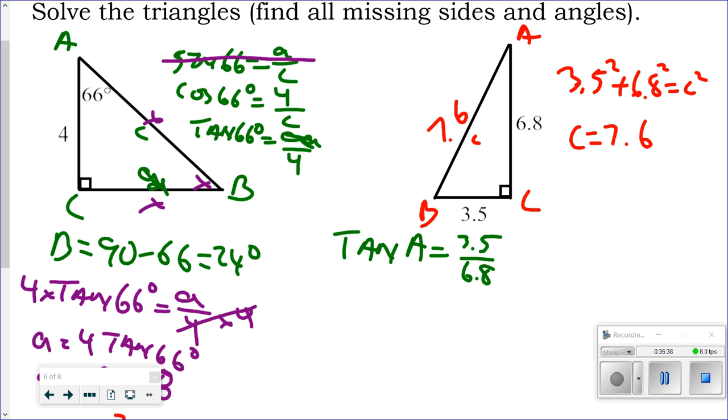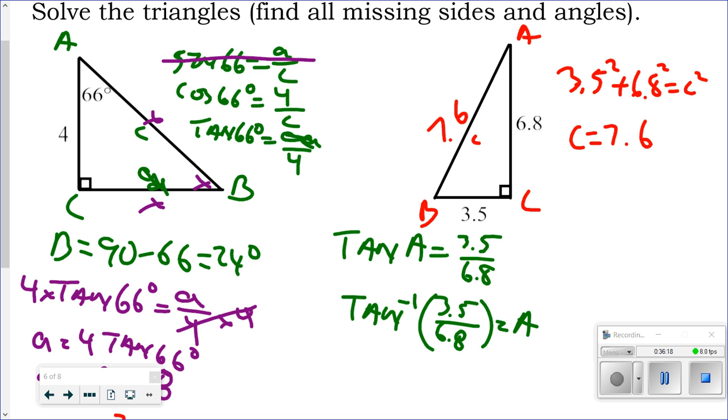If the tangent of angle A is equal to this ratio, then the inverse tangent of that ratio, 3.5 over 6.8, equals angle A. That's how inverse trig functions work. If the tangent of an angle is equal to the ratio, the inverse of the ratio is equal to the angle. That's it. This is a very powerful tool. Now I can figure out what angle A is.